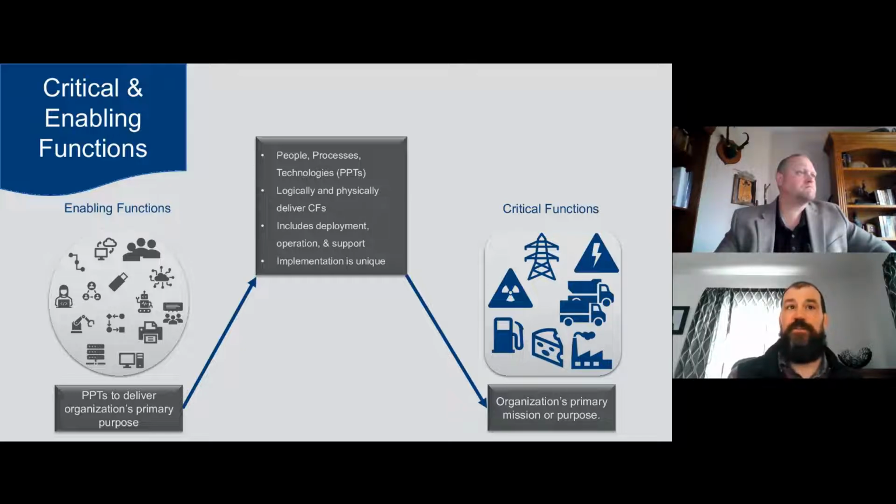We focus a lot on the technologies, but we also have to think about the people and those processes. When I start breaking down how an organization provides a critical function, I really almost start with an org chart of engineering, operations, maintenance, communications, etc.